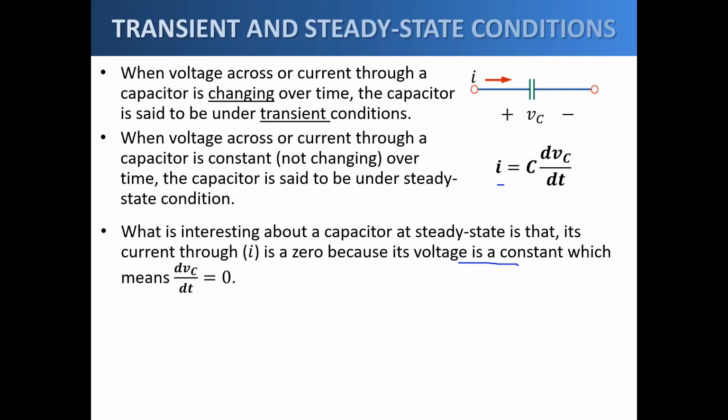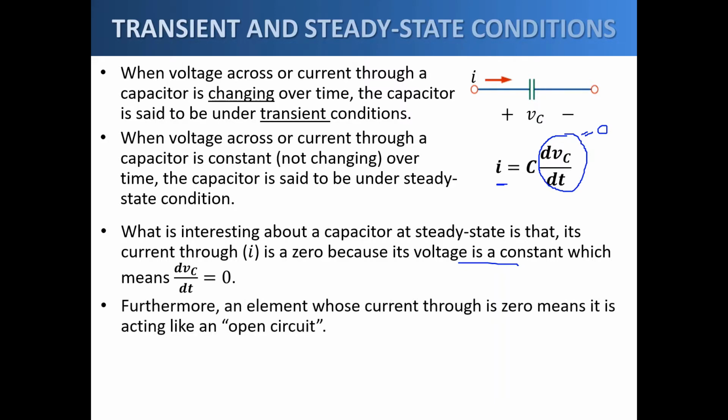If the voltage is constant and I get the derivative of that voltage, that will give me a zero, which makes the current zero. Now, if the current through an element is zero, that element is like an open circuit.